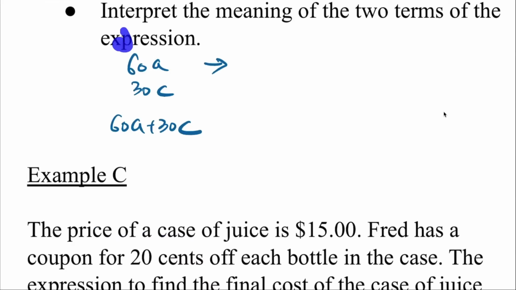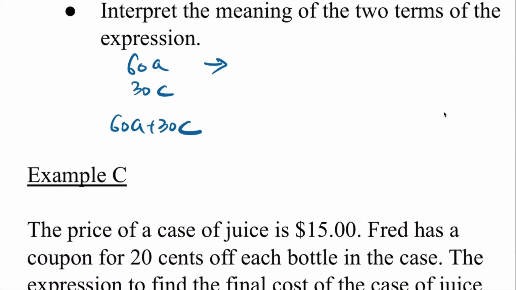What do you suppose the 60A means? 60 is the cost of the ticket for the adults. A is the number of adults going, right? So, for example, if there are 2 adults going, it would be $120 spent by the adults. If there are 10 adults going, there'll be $600 spent by 10 adults.